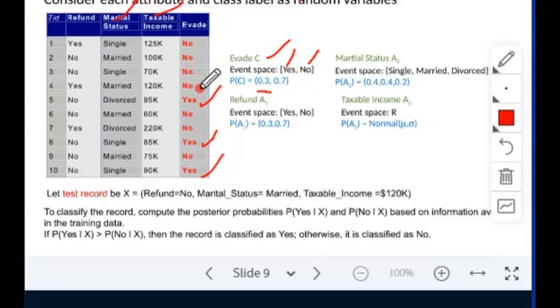Out of 10, 3 are yes, so obviously the remaining 7 are no. So 7 by 10, that is 0.7. So the probability of class label yes is 0.3 and the probability of class label no is 0.7.